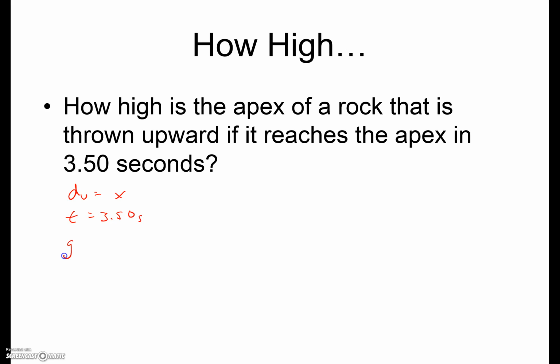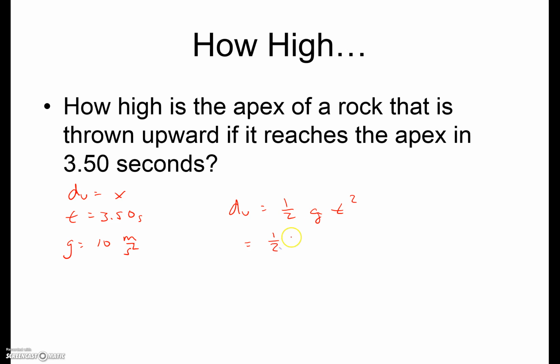And we know that g, the acceleration due to gravity, is 10 meters per second squared. So to calculate how high our apex is, we're going to take our dv equals 1/2 gt squared, and we'll plug in our variables.